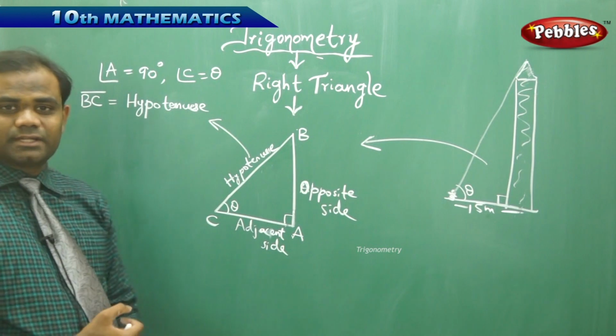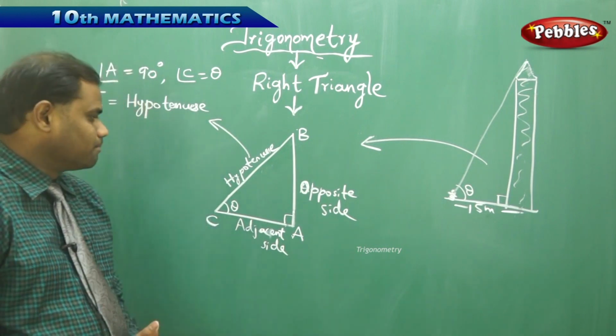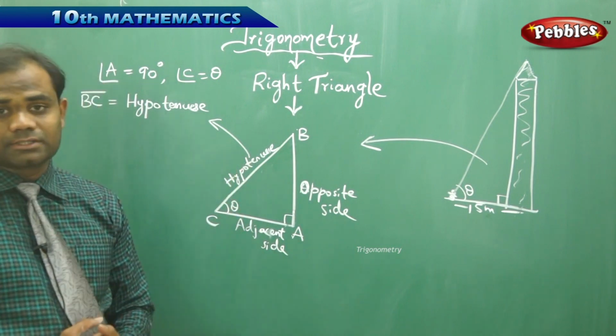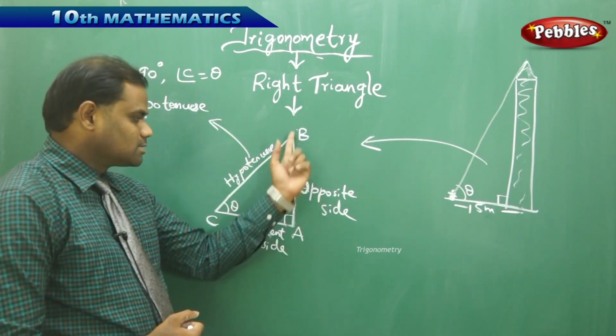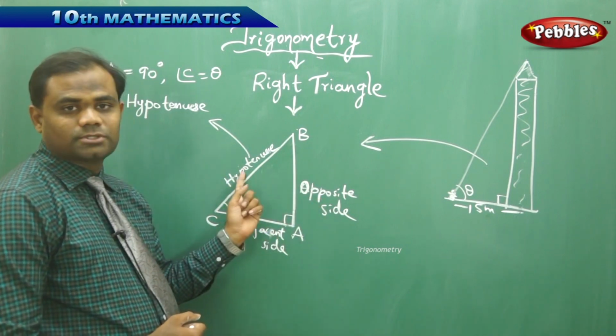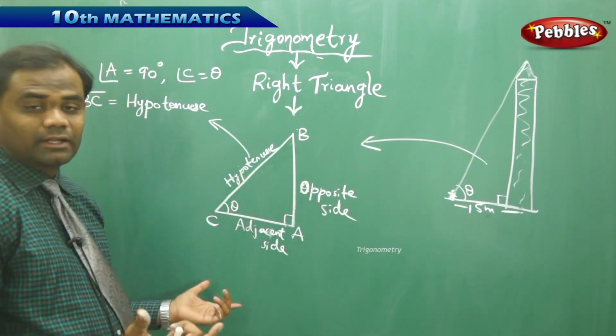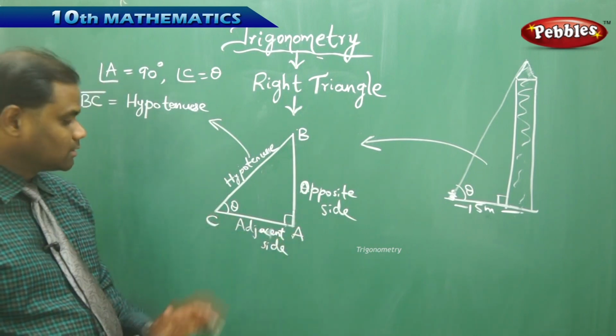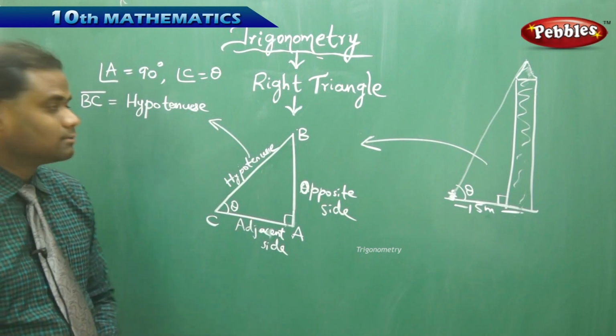So these are the three sides which are very important here: this is called opposite side, this is called hypotenuse, and this is called adjacent side. Opposite because this side is opposite to angle theta, hypotenuse because this is opposite to 90 degrees, and finally the third side is called adjacent side, because it is just adjacent to the angle.